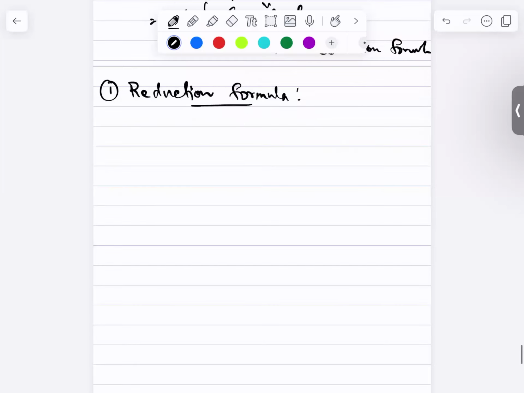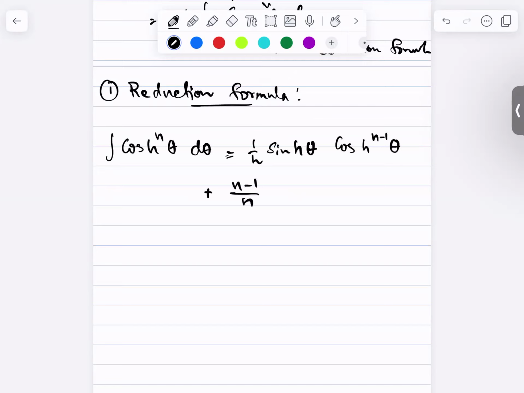If you have cosine hyperbolic to the n theta d theta, then the formula is 1 over n sine hyperbolic theta times cosine hyperbolic to the n minus 1 theta plus n minus 1 over n integration cosine hyperbolic to the n minus 2 theta d theta.